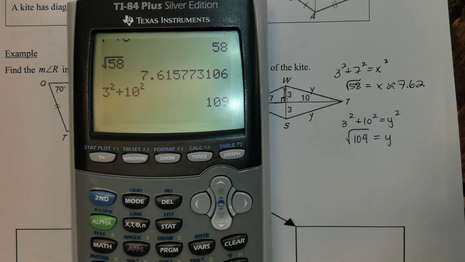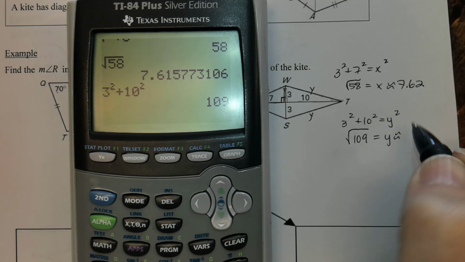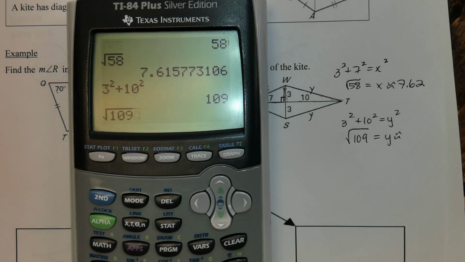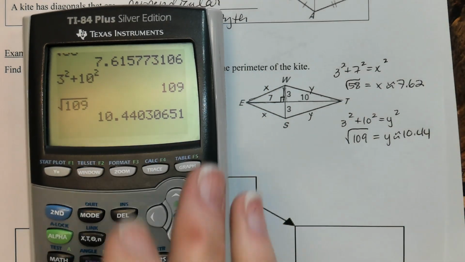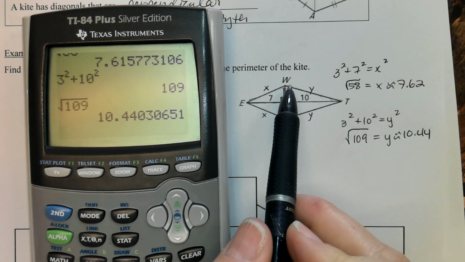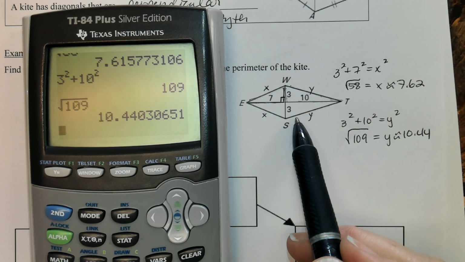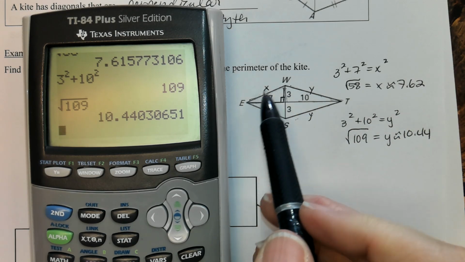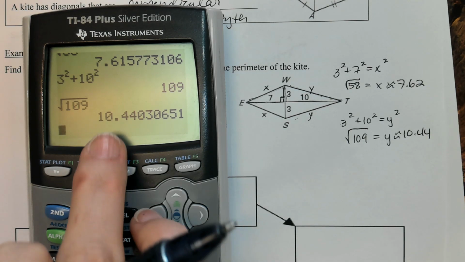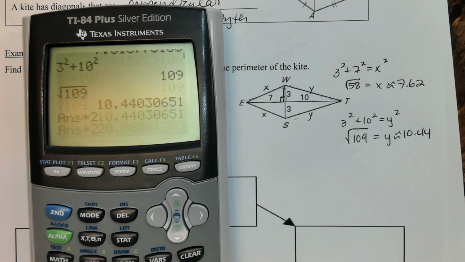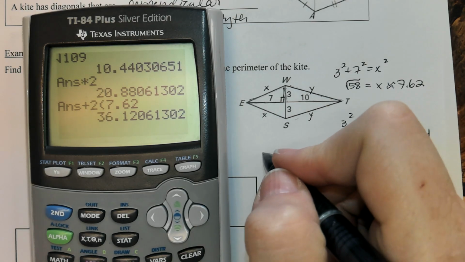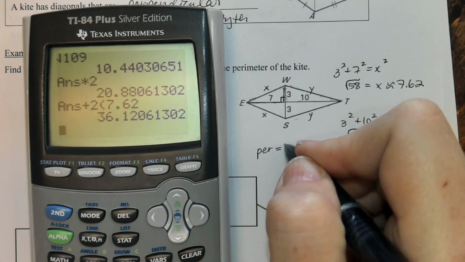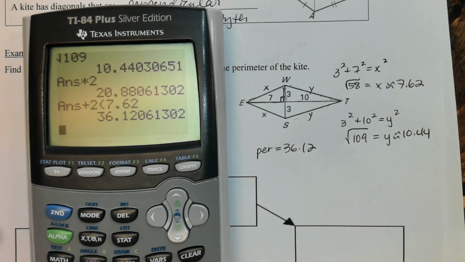And then, square root that, which is about 10.44. Okay, and then they wanted us to find the perimeter. So this side is 10.44, this side is 10.44, this is 7.62, this is 7.62. So I just need this side times 2, and I need 2 times the 7.62 side. So it looks like my perimeter is about 36.12.